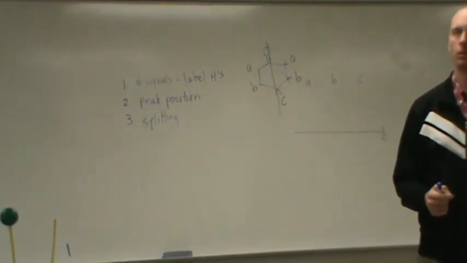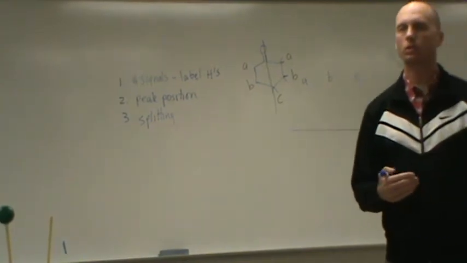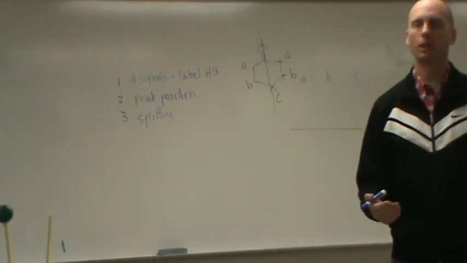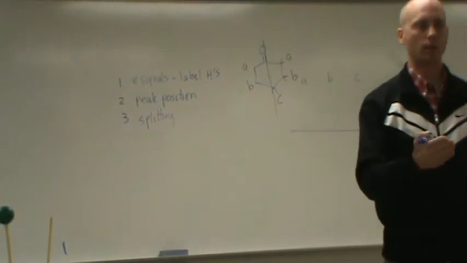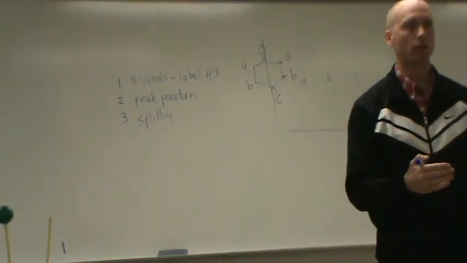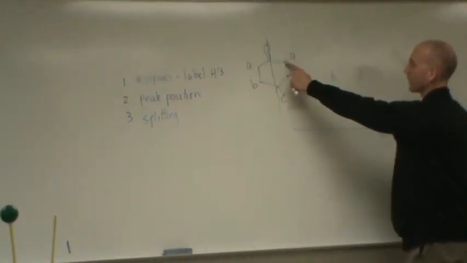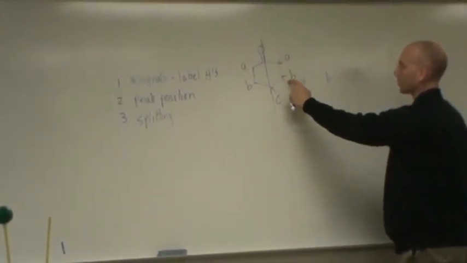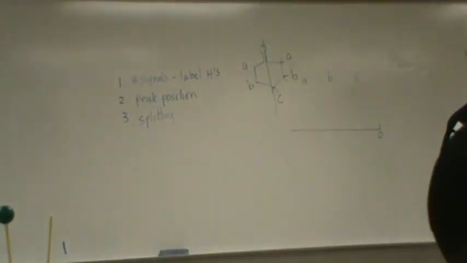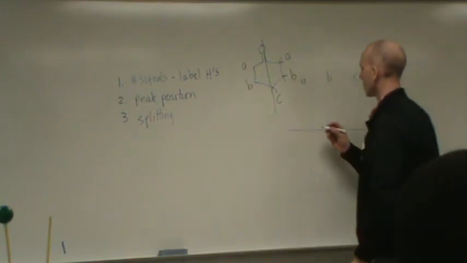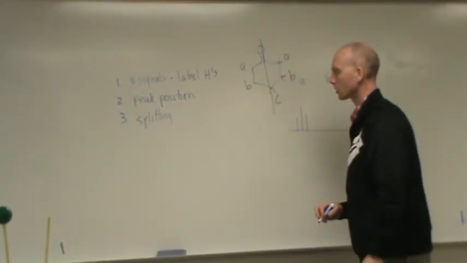Singlet, doublet, triplet, quintet. Triplet. Very good. Why triplet? A is next to what? B, that has two hydrogens. Plus one. So 2 plus 1 is 3. So A will give me a nice triplet.